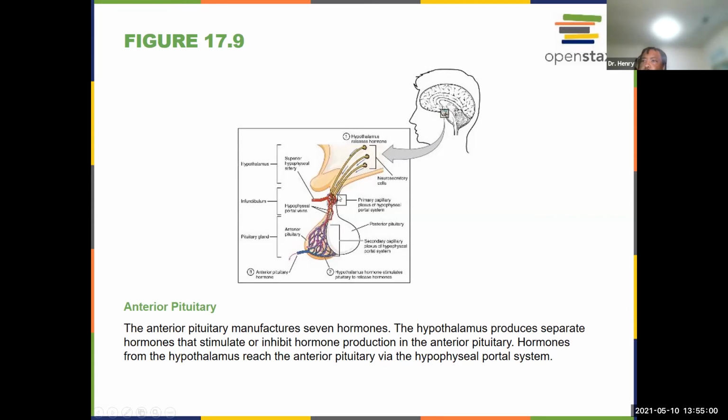Those hormones are going to cause the pituitary gland to get stimulated, and that's going to cause the anterior pituitary to actually release its hormones. So we first need the hypothalamus to release its hormones for the stimulation of the pituitary.